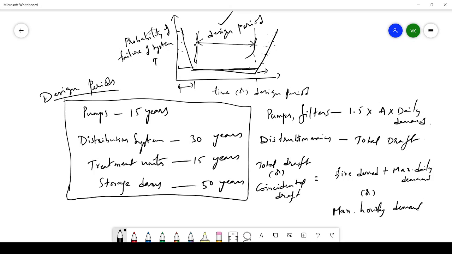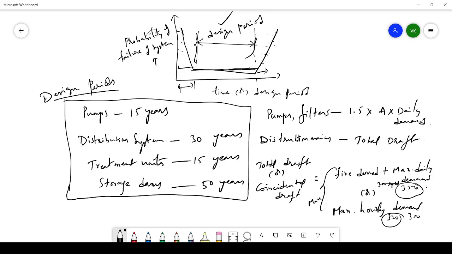Maximum of these two. Let's say the sum of these two is 300 LPCD, and maximum hourly demand is 320 LPCD. Then the total draft will be 320. Or if it is 350 and this is 300, then total draft or coincidental draft is 350. You have to take the maximum of these values.